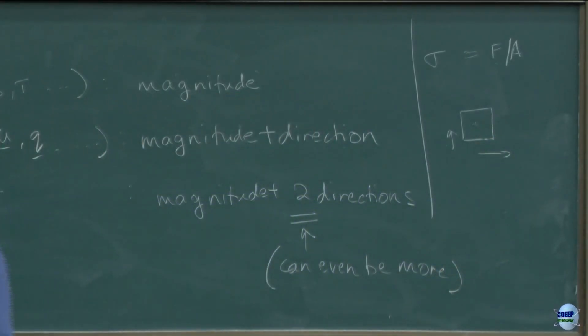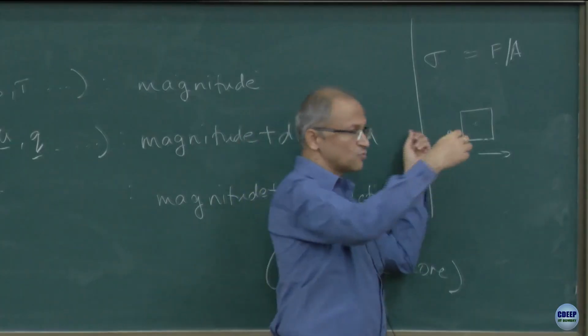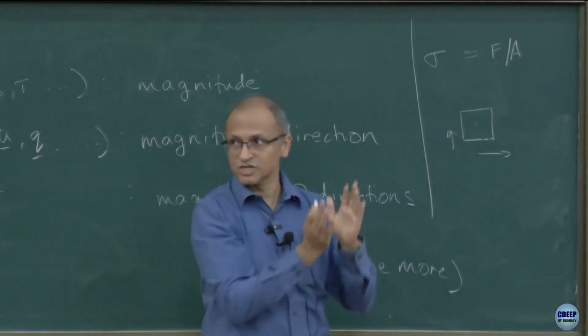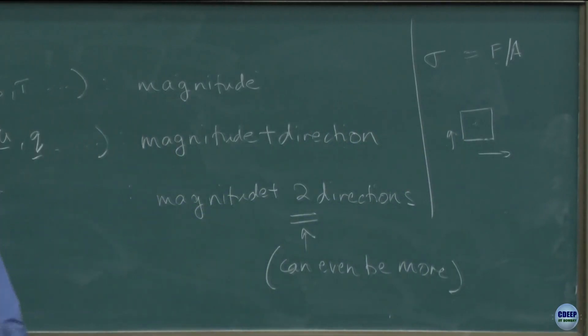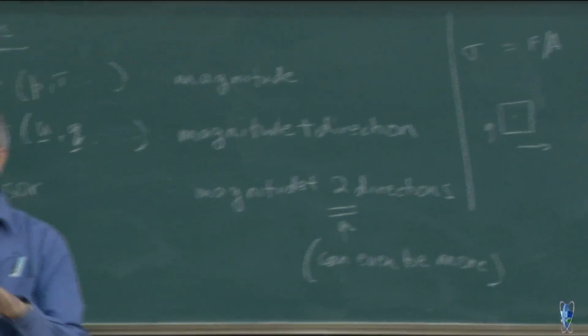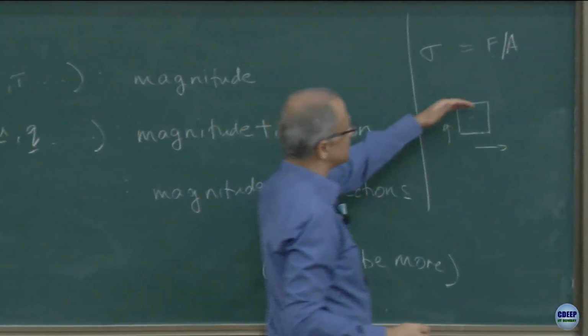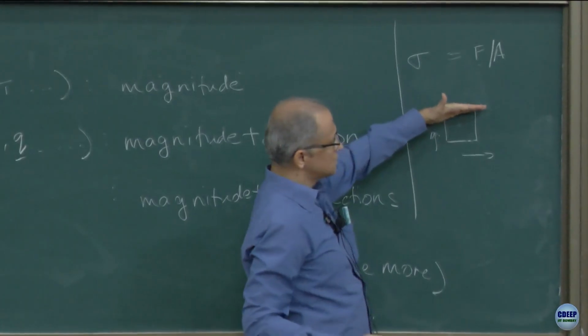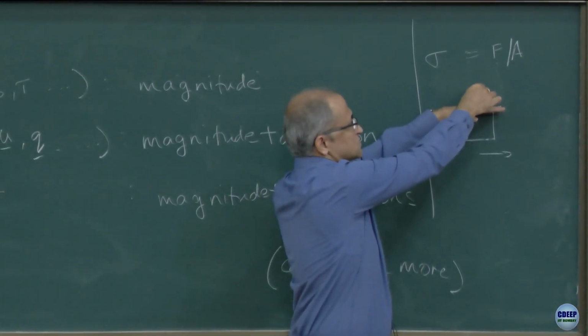It can have different effects on this element. In one case it may pull it, in the other it is trying to shear it. I'm not changing the area element, all I'm changing is the direction of the force. Similarly, instead of this area element, I can go to an area element perpendicular to this. Now I'm talking about this force.